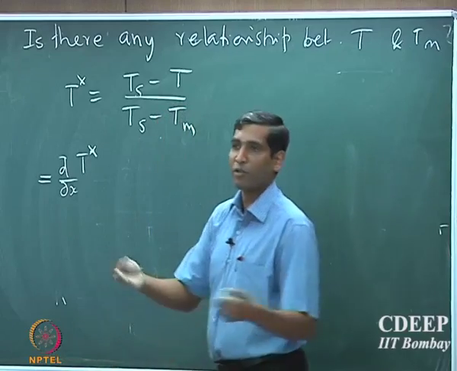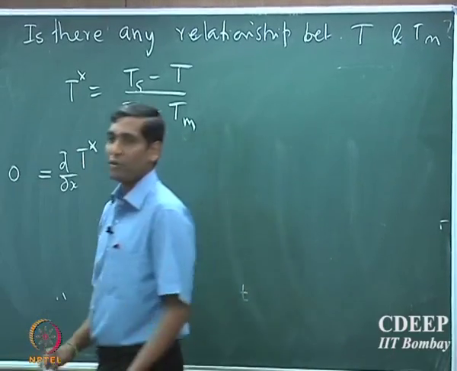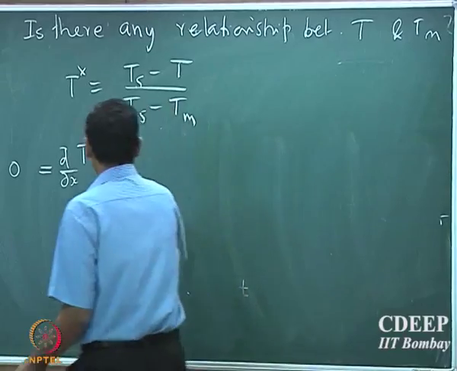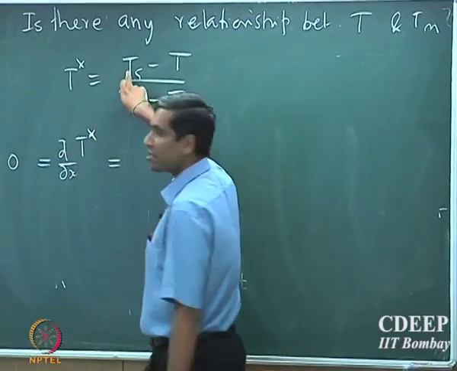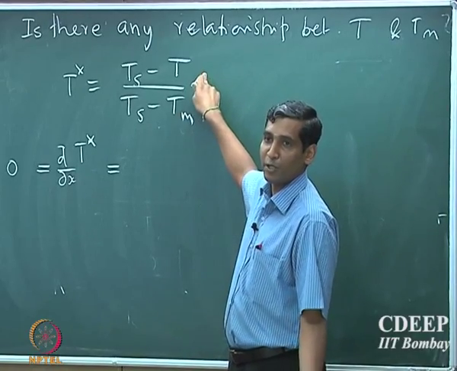T star is not a function of the axial position in the fully developed regime, and so that should be equal to 0. Ts is a function of position, Tm is a function of position, and T is a function of position, right?